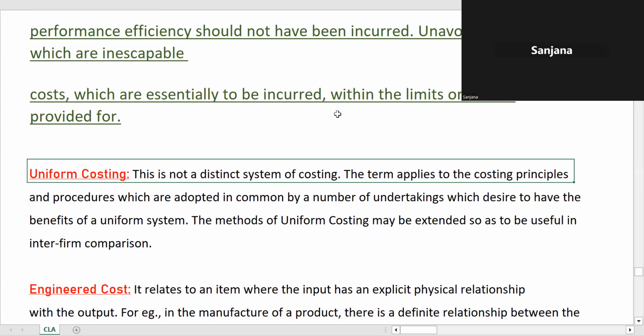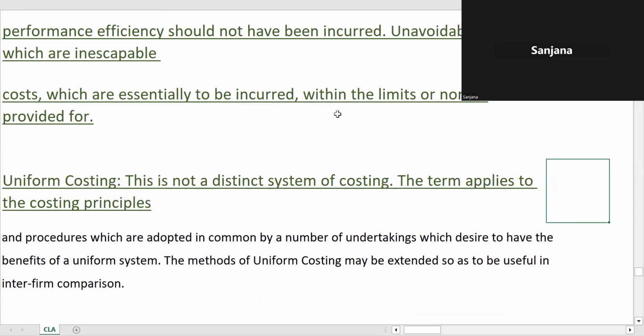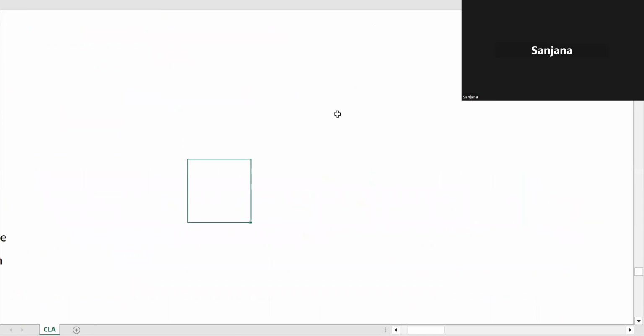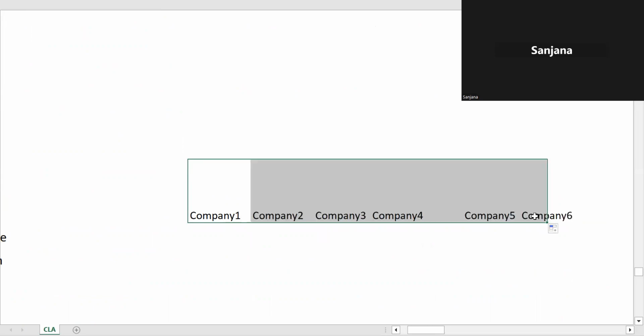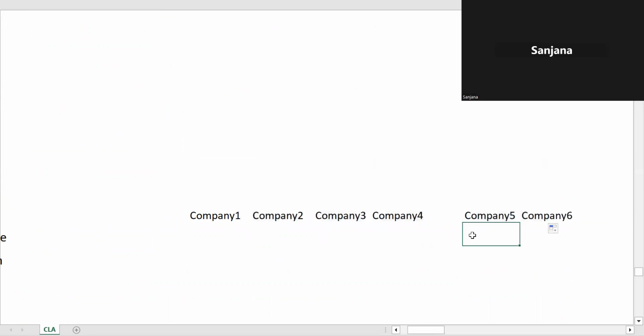Uniform costing. Now, uniform costing is not a distinct system of costing. So basically, in one industry, say the oil making industry, there are many companies.